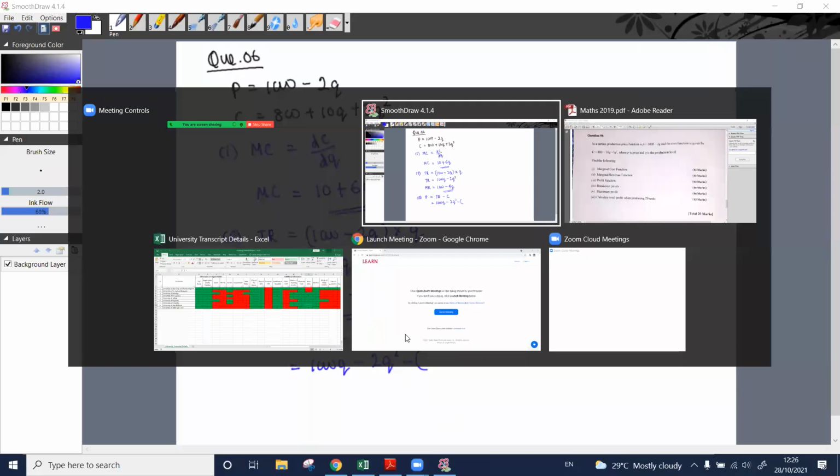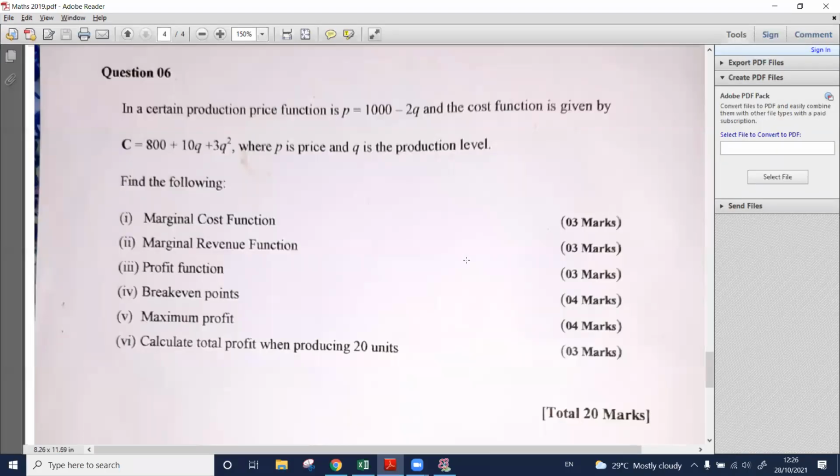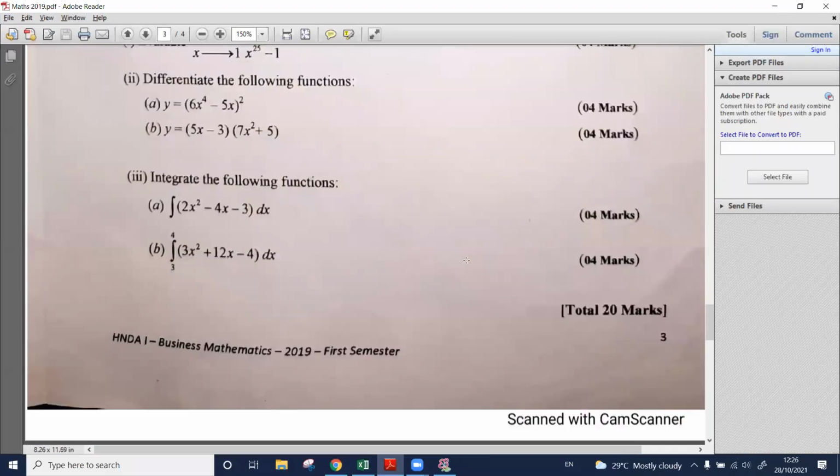For question number 5, the last one, part 3B, are you getting 93? Yes, no? Okay, we'll make it correct. No, 75 is correct, no? Right. I also think 75 is correct. Okay, okay.